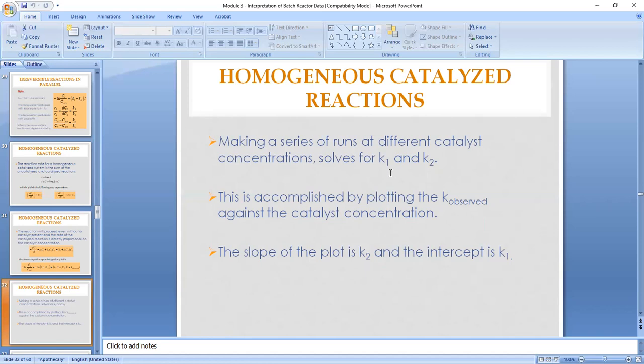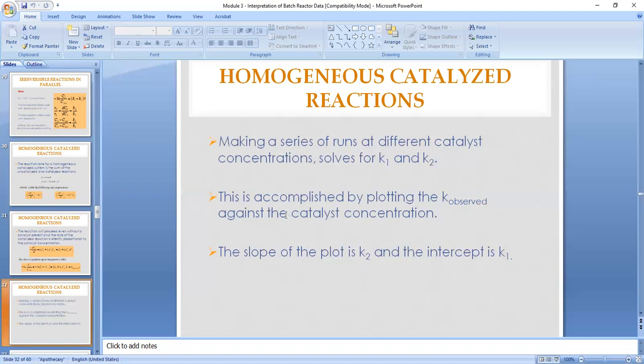Just like, if you recall, the empirical rate equation in determining the n and the K, wherein you perform a series of experiments starting at different initial concentrations, and then you determine the corresponding half-life or fractional life based on those initial concentrations. In here, you make a series of runs at different catalyst concentrations. That way, you can solve for K sub 1 and K sub 2.